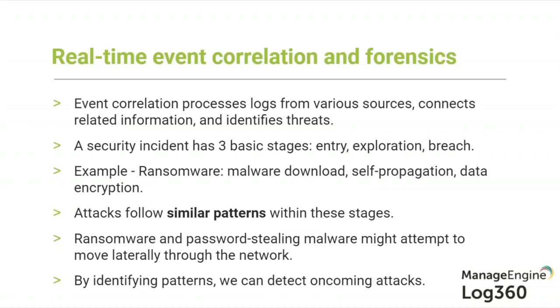After that, let's take the WannaCry ransomware example, which used the Windows EternalBlue vulnerability to propagate itself across several devices. So the second stage, exploration, deals with how the malware pushes itself throughout various devices in your network. And the final stage, the ultimate aim of any ransomware, is encrypting your data. So, various types of attacks follow very similar patterns within these three stages.